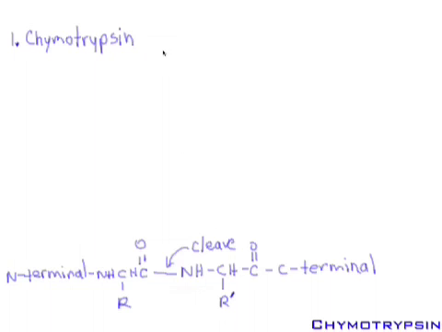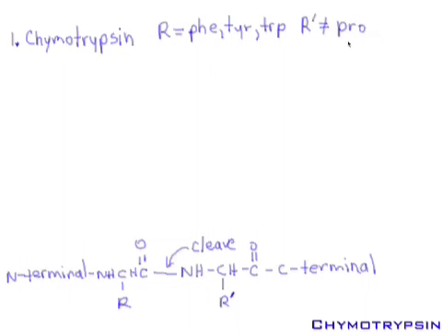What does chymotrypsin cleave? Well, chymotrypsin cleaves to the right of phenylalanine, tyrosine, or tryptophan. It will only cleave those when the R prime group does not equal proline.